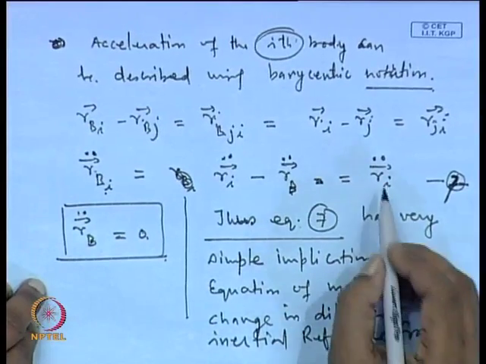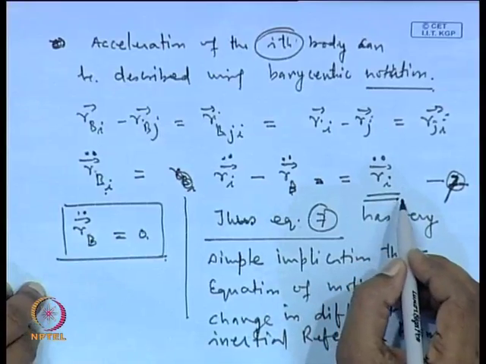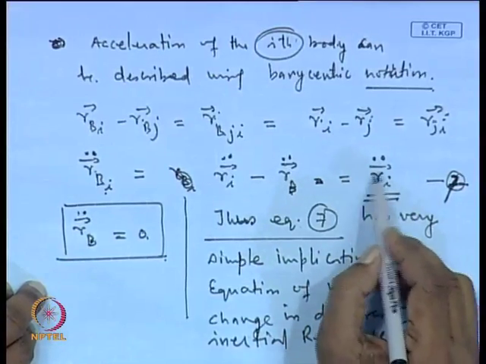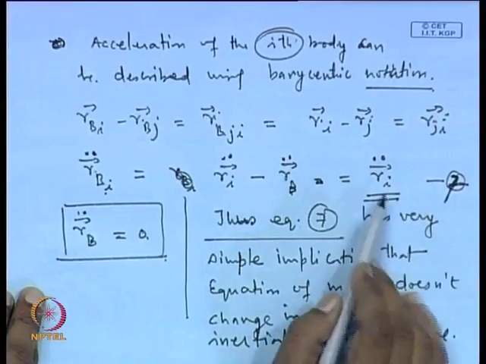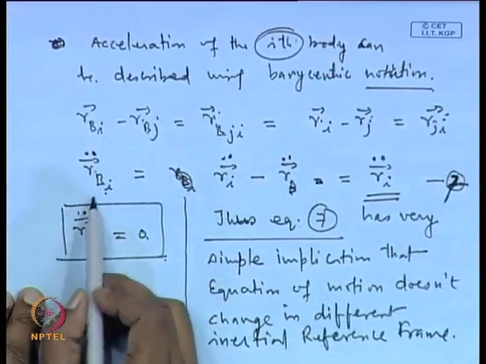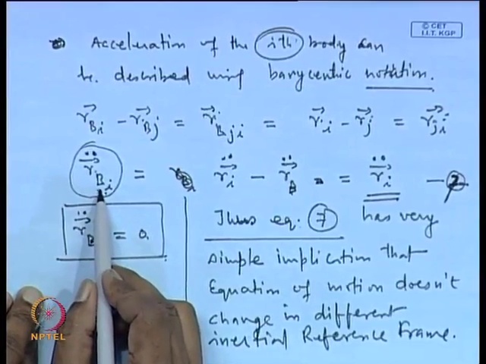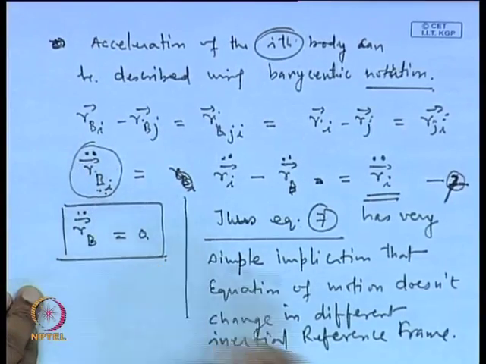Okay. So, whatever the acceleration is in the x y z reference frame for the ith particle, this is indicated by R_i double dot. So, the same acceleration is experienced in the barycentric reference frame, which is moving with a constant velocity.